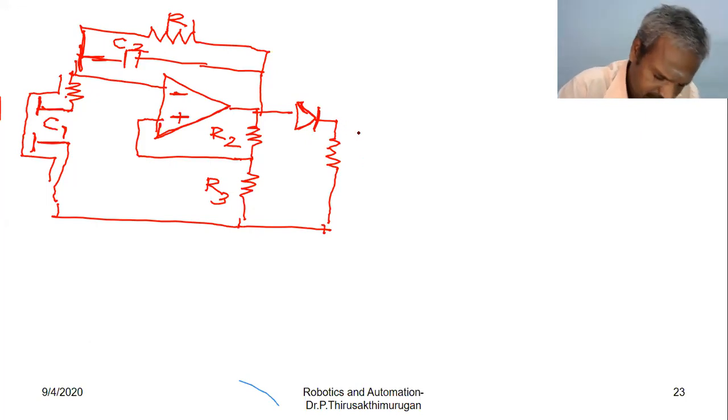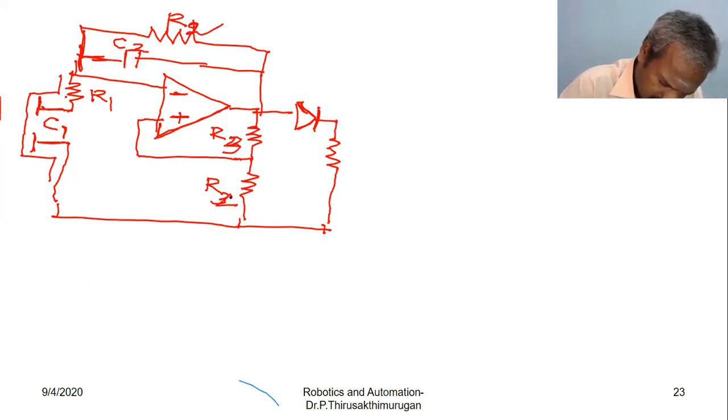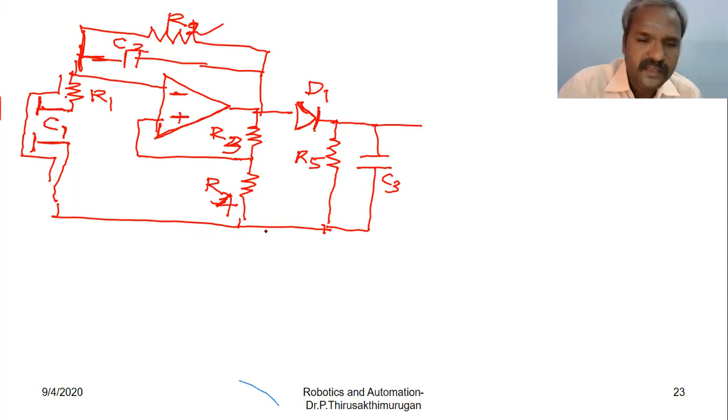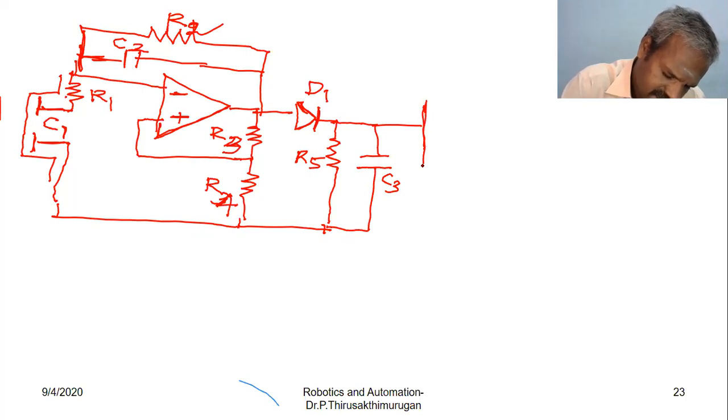Similar, except only the probe changes. Here we also have resistors R1, R2, R3, R4, and R5, then D1, C2, and C3. So this stage is the demodulator stage. Next is the Schmitt trigger stage, the triggering stage.